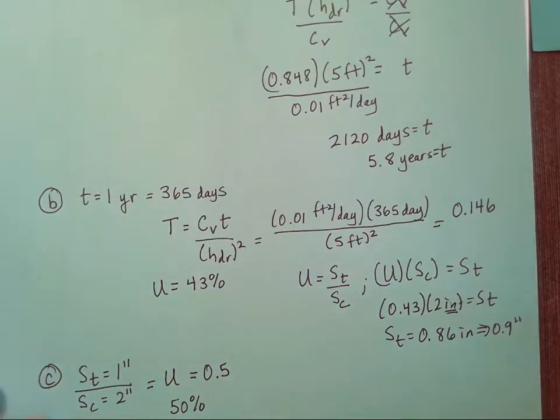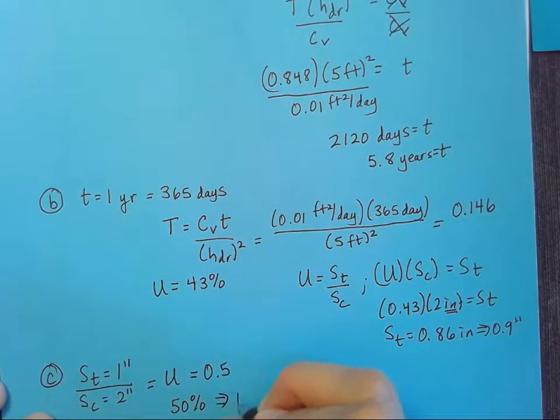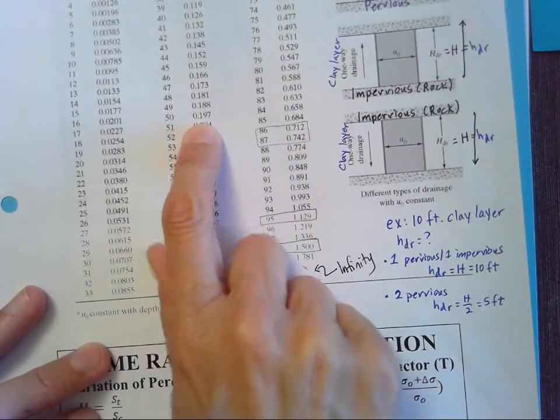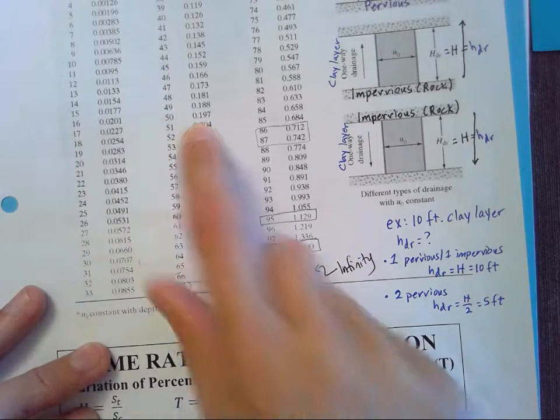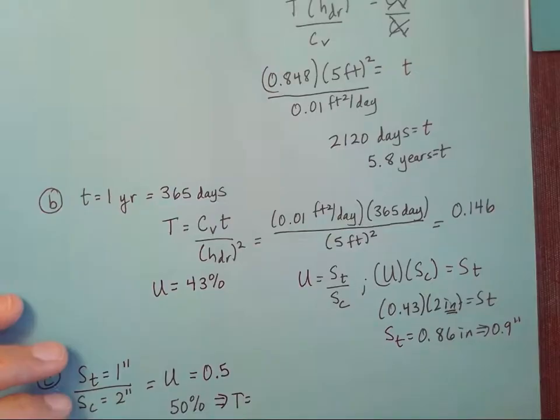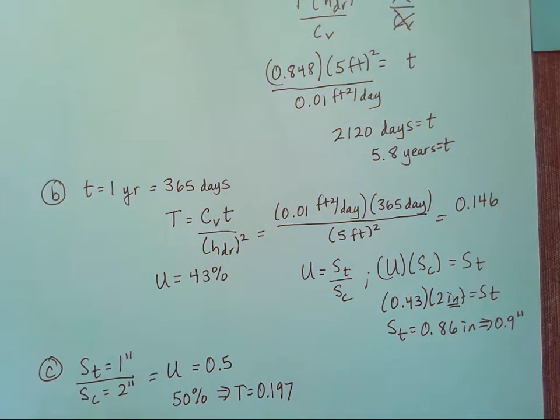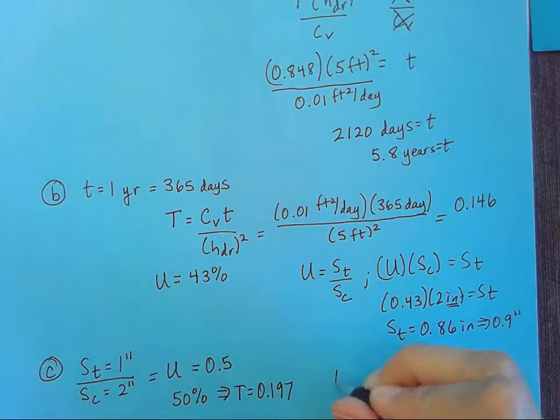And so I'm going to have to find my T value here. Go to my chart. So for 50%, I have the value of 0.197. So my T is equal to 0.197. And remember here I wanted to find the amount of time. So I'm going to solve for my little t.